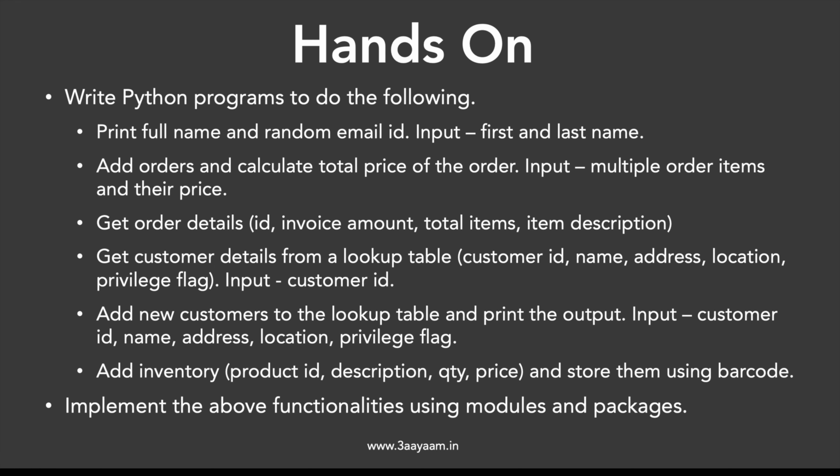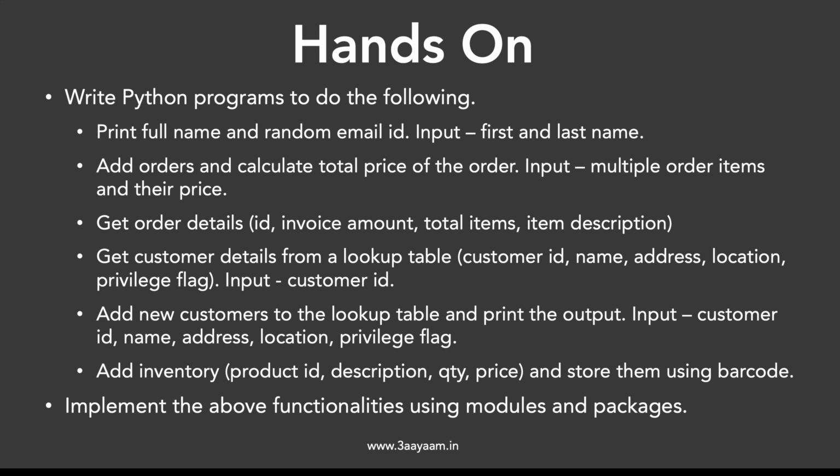We'll write programs to do the following. We'll print the full name and random email ID given the input as first name and last name. Then I'll create another program to add orders and calculate the total price of the order, and the input would be multiple order items and their prices.